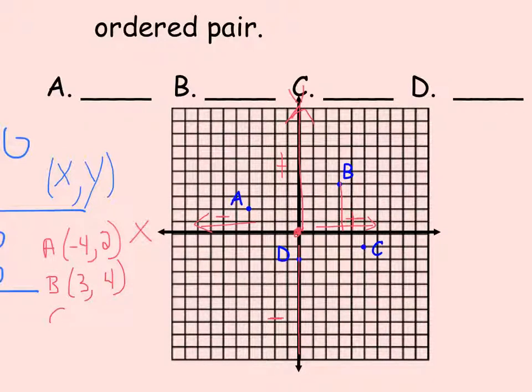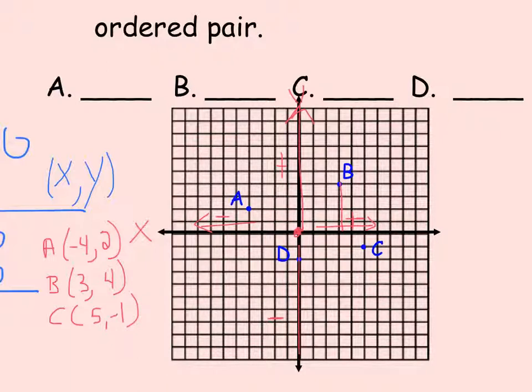All right, C. To get to C, we have to go to the right, so the x-coordinate is going to be positive, 1, 2, 3, 4, 5. But then we have to go down, so the y-coordinate is going to be negative, so negative 1. So 5, negative 1. And D, if we start at the origin, we have to go over none.